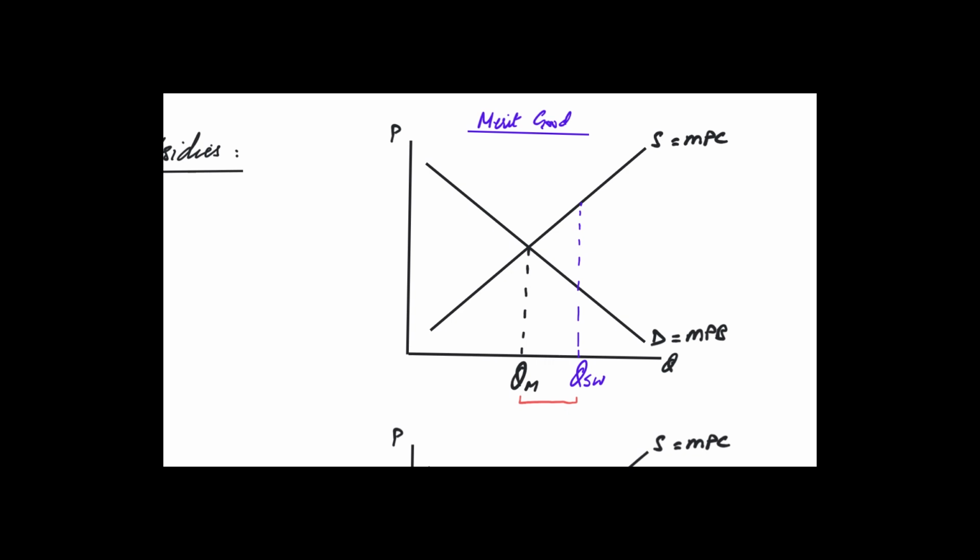Okay, so we're asking how taxes and subsidies can actually help us in avoiding this disequilibrium and taking the equilibrium up to QSW.